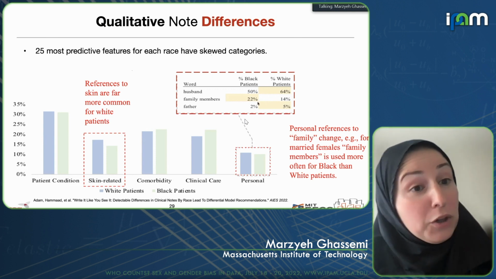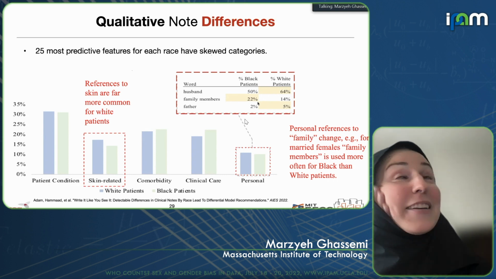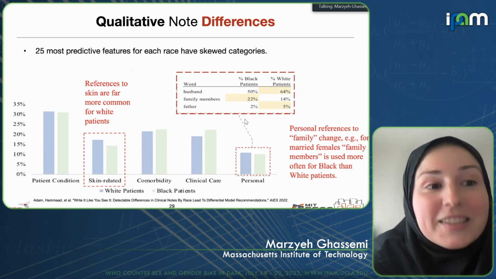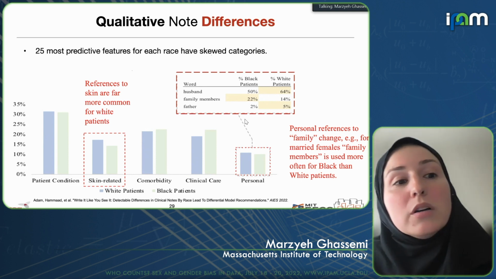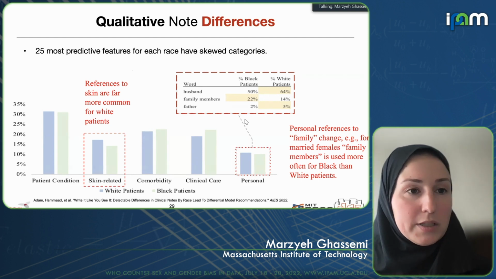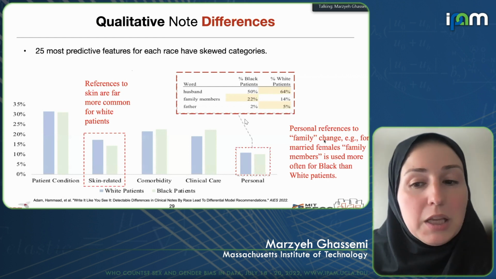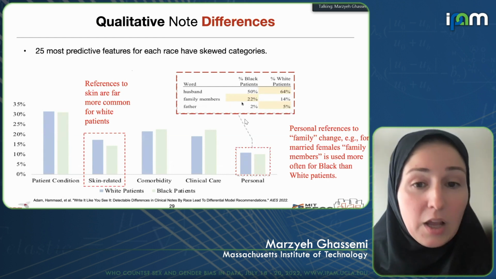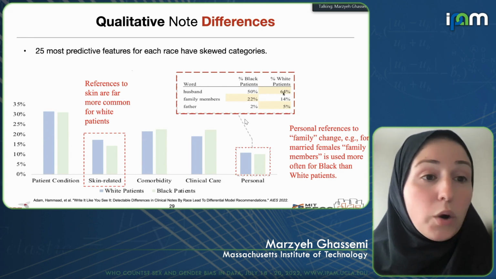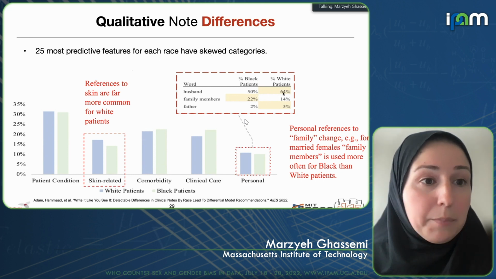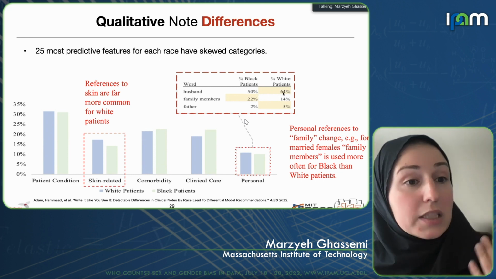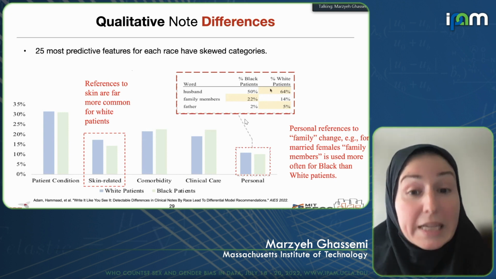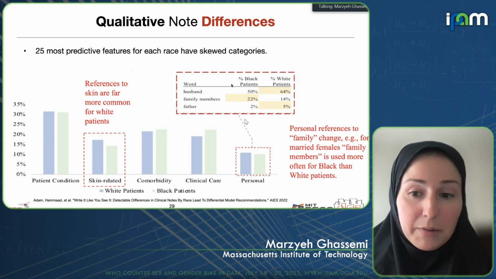We also found weirder things, slightly more problematic even than that, such as the word difficult is used disproportionately more to describe black patients than white patients. And really bizarre things, like amongst married female patients, we're much more likely to use the word husband somewhere in the note, for example, talking about care directives or planning for the patient, for white married female patients than black married female patients.